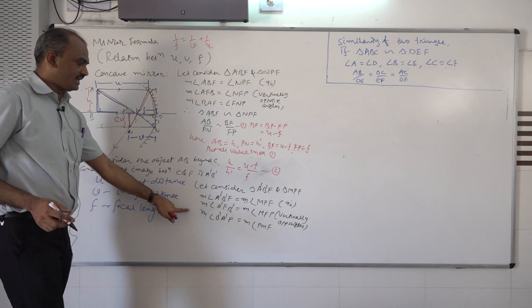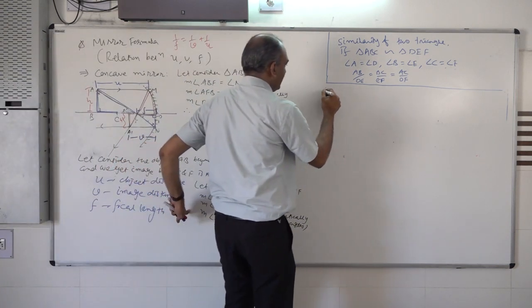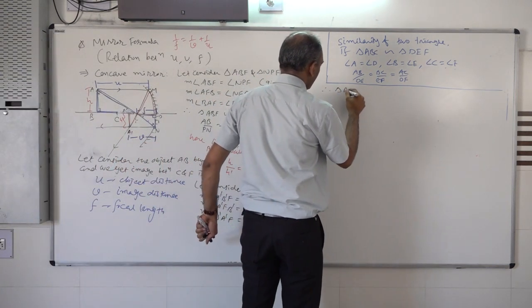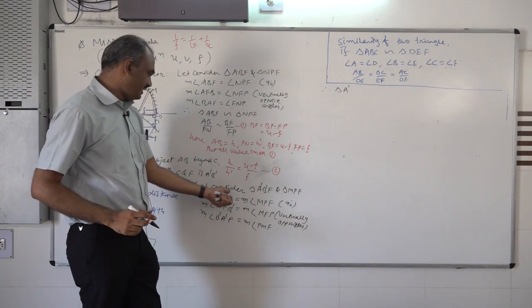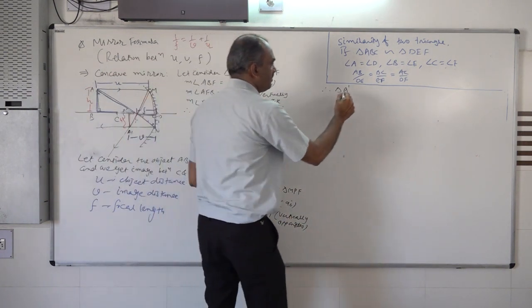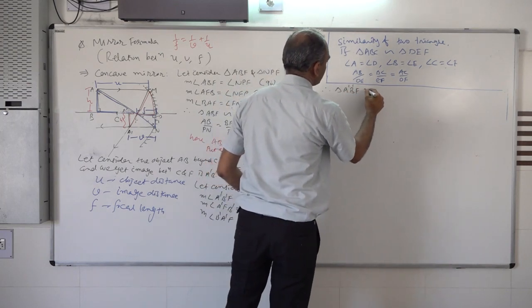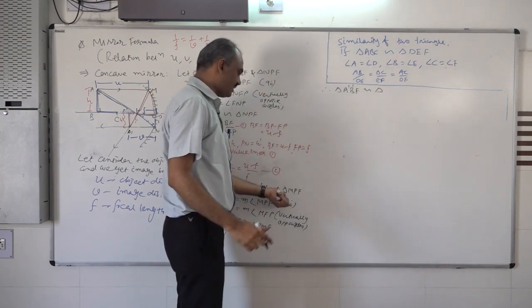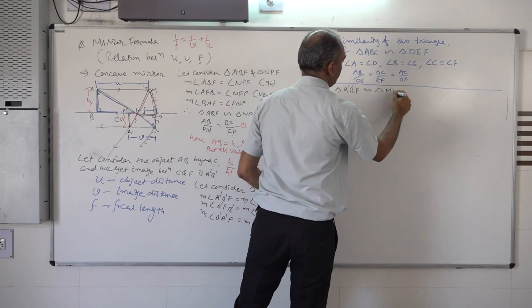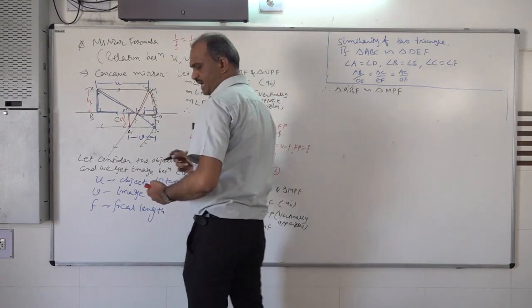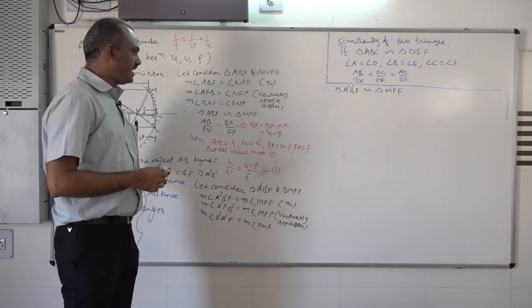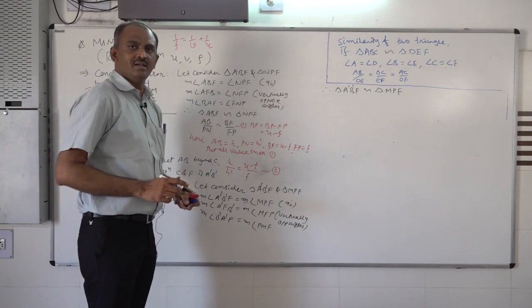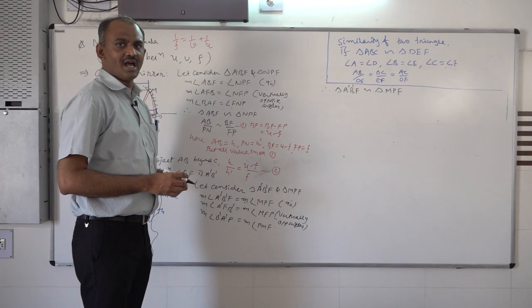So from this we can write that triangle A dash B dash F is similar to triangle MPF. These two are similar triangles, so for that we can write the ratio of corresponding sides are equal.